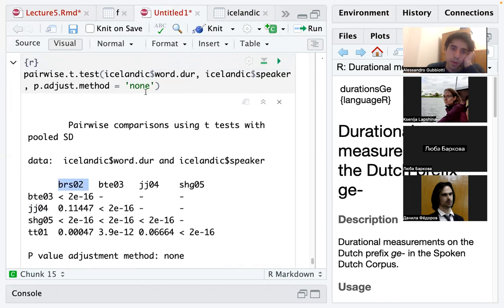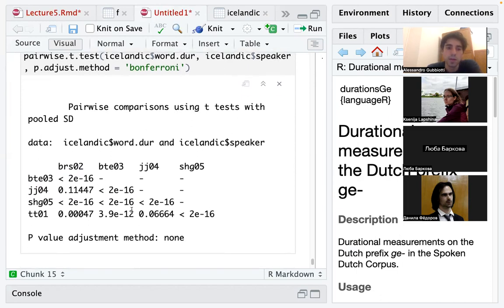So what do you think will happen if we put here the Bonferroni correction? These are the p-values of the test. Will these p-values decrease, increase?